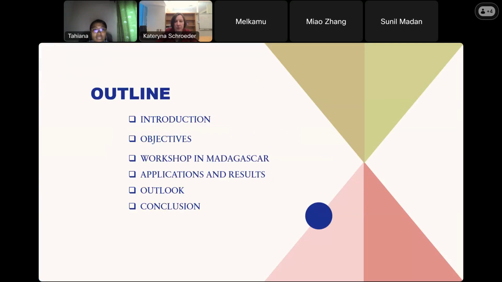This is the outline of my presentation. There is the introduction and the objectives of CropWatch, because we work with the CropWatch platform. That's why I put the objectives. I will also present the workshop in Madagascar, and we will see the application of the CropWatch platform during the training as we did.